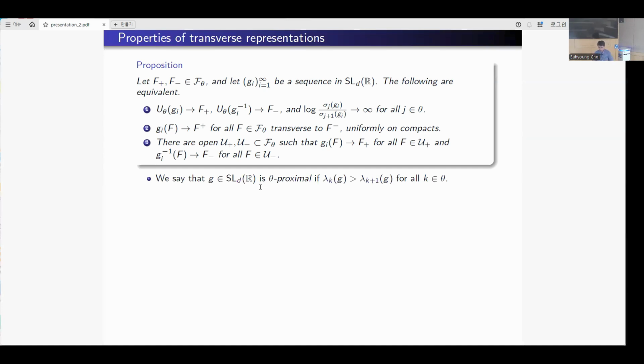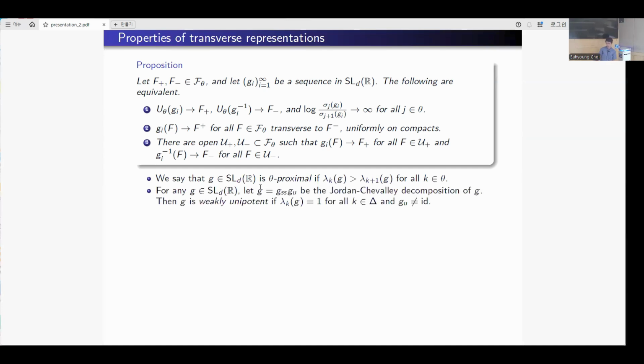For any g in SL_d(R), you can decompose g into a semi-simple part and a unipotent part. This is called the Jordan-Chevalley decomposition of g. What does the semi-simple part look like? Basically you're writing g in Jordan normal form.